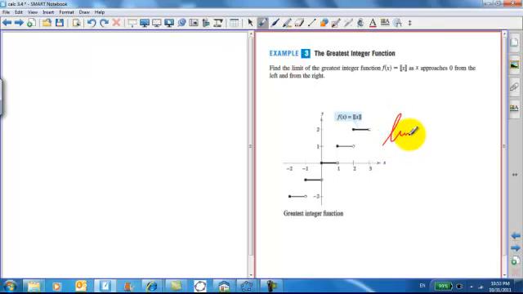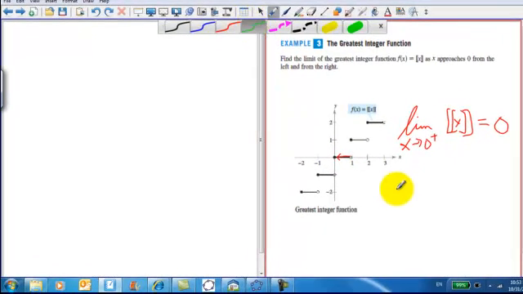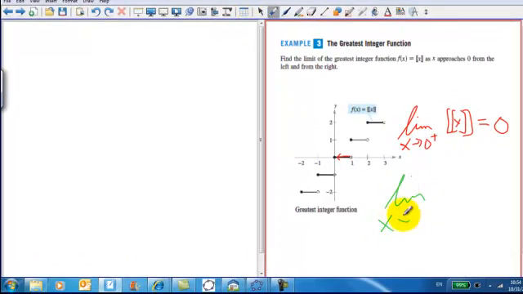The limit as x approaches 0 from the right of this greatest integer function, that's equal to 0. But the limit as x approaches 0 from the left of the greatest integer function of x, the x values are getting closer and closer, and the y values stay at negative 1.